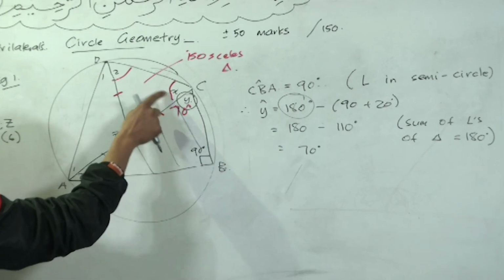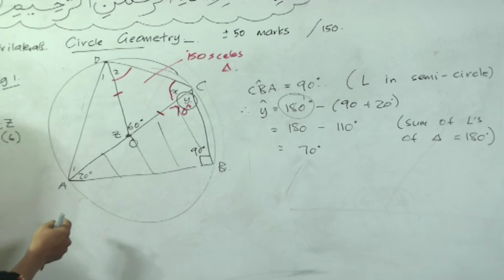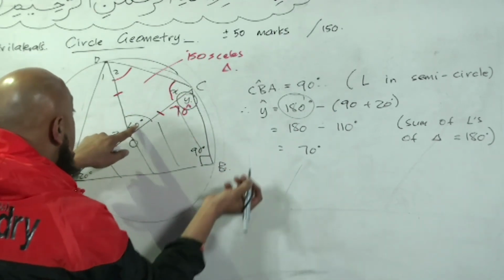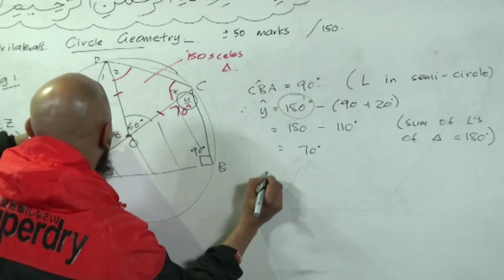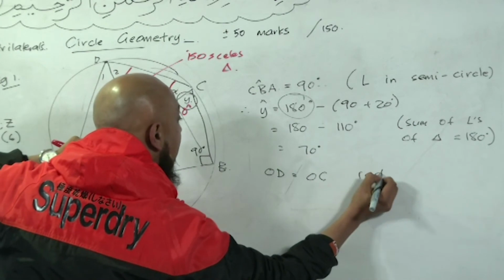We now need to get x, we need to get d2, and we need to get z. So let's go under C. This is an isosceles triangle, and how would you prove it? You would now say OD is equal to OC because they are radii.